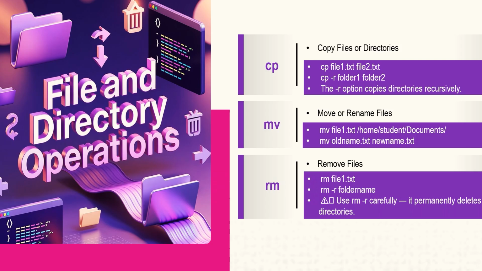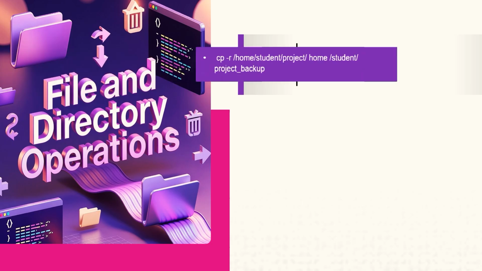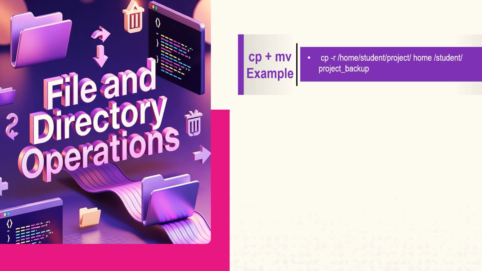Similarly, now we can see an example of copy and move. I want to copy a folder from one directory to another. So I will say cp -r and the source directory folder name.